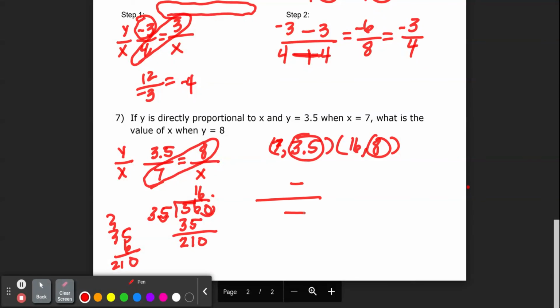So let's go this way. So we have 8 minus 3.5 and then 16 minus 7. So that gives us 4.5 divided by 9, which is 45 divided by 9 is 5, but we have one decimal, so it'll be 0.5 for our slope.